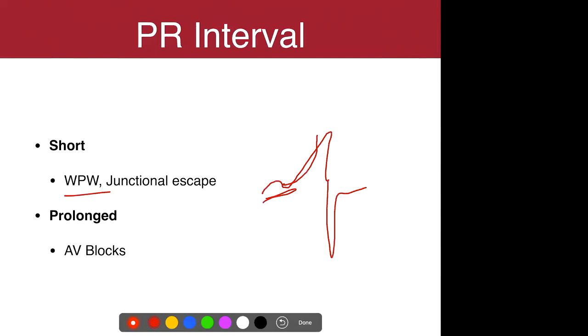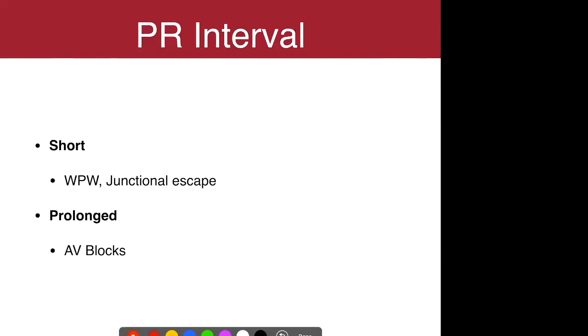With junctional escape rhythms, maybe that inverted P wave is immediately before the QRS complex, so we're looking again at the PR interval. If it's very short, then we can think of things like junctional escape. And then we'll get into AV blocks in a couple weeks, where we end up having prolonged PR intervals or irregularly varied PR intervals. Everybody with me so far?